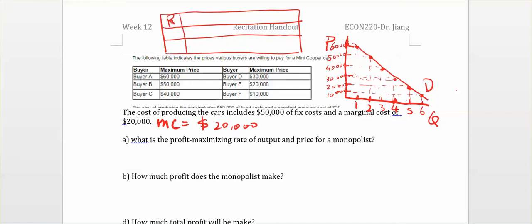When the price equals $60,000, we only have 1 person who wants to buy it, so the revenue is 60,000 times 1, and we get 60,000.